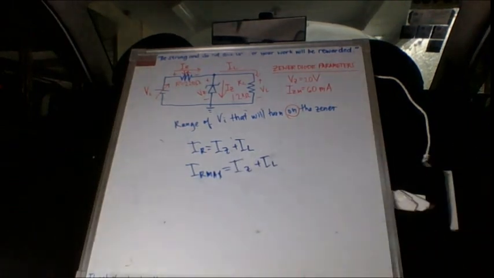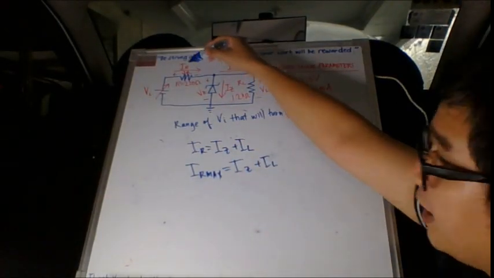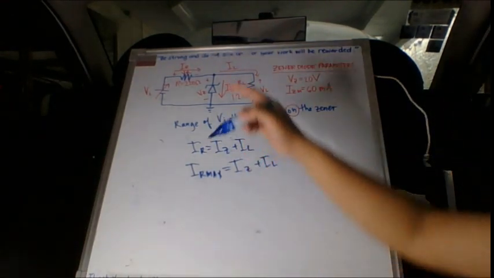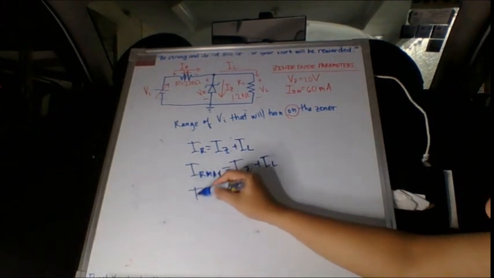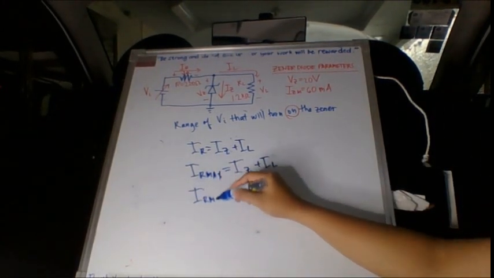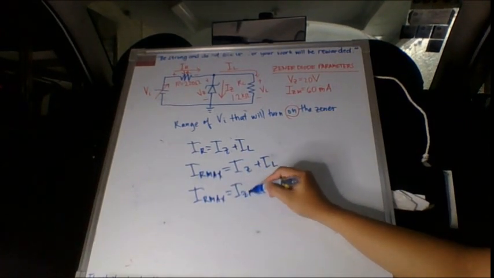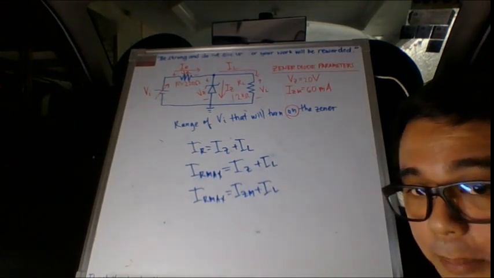Paano naman yung value ni IZ? Kapag maximum yung I sub R natin, ibig sabihin, maximum din yung ating I sub Z. Therefore, we can replace I sub Z with IZM. Alright?